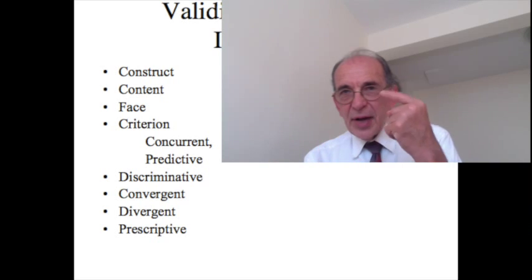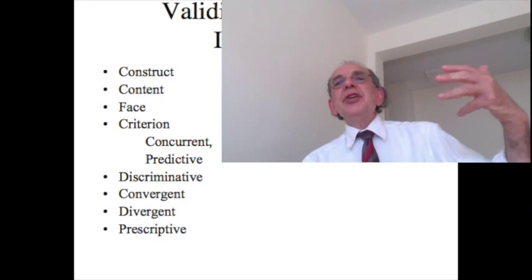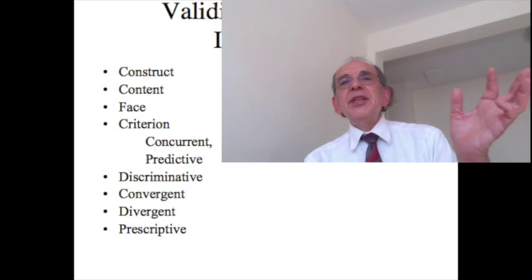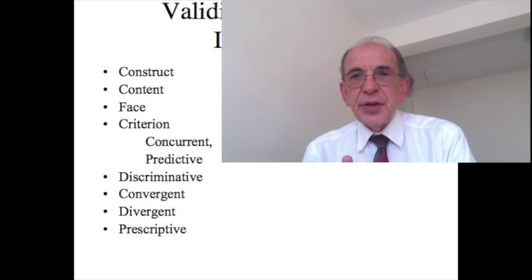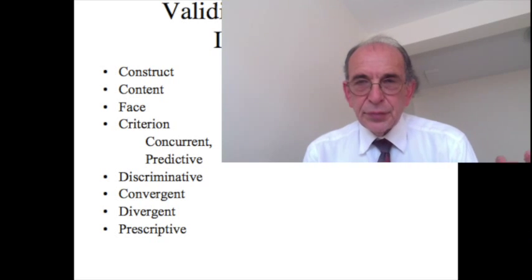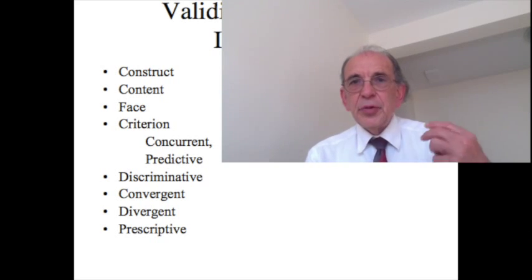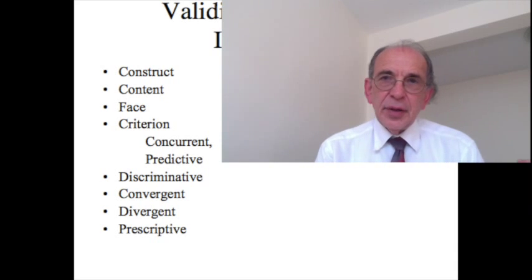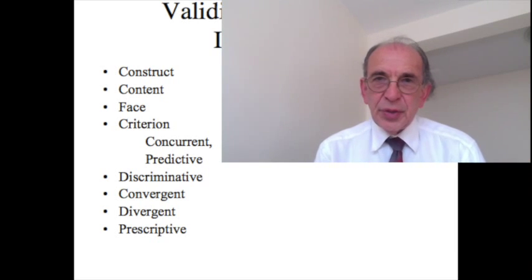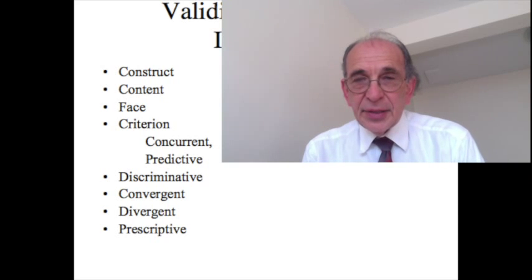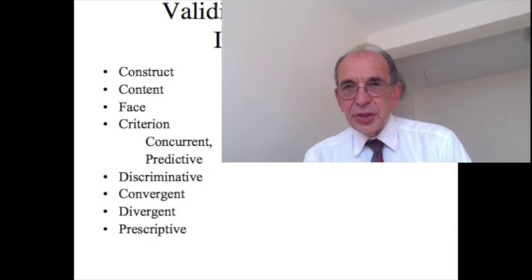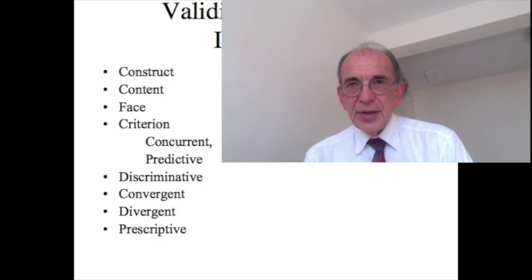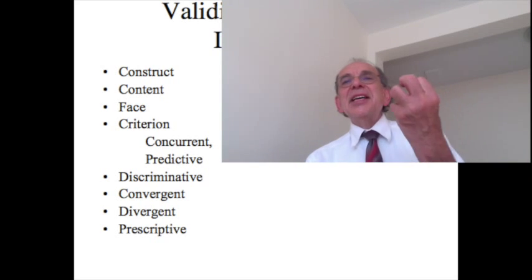Well, if there are items on the test that are easier for some groups and more difficult for others, some cultures, some races, some people who live in one location as compared to another location, then the test does not have content validity. The item does not measure the same information at the same level of difficulty for all individuals who take the test.